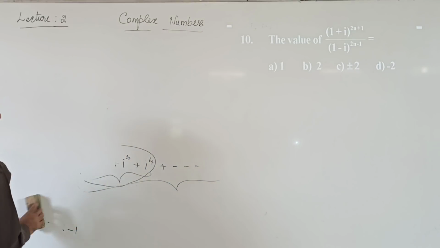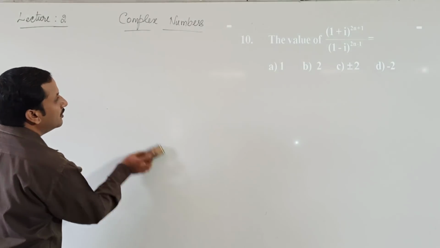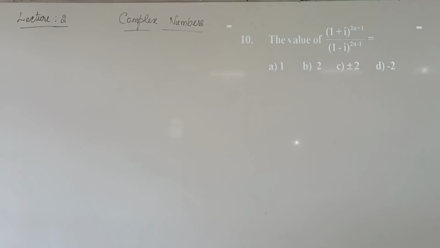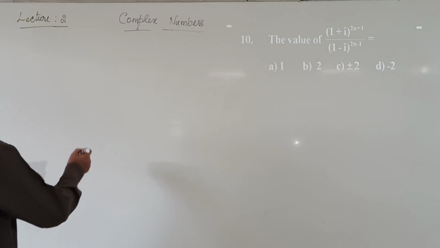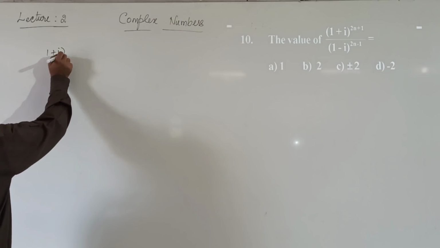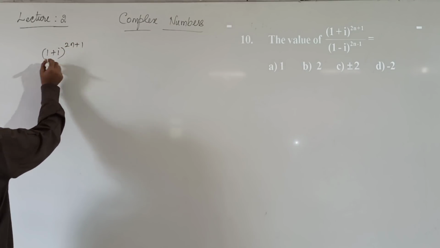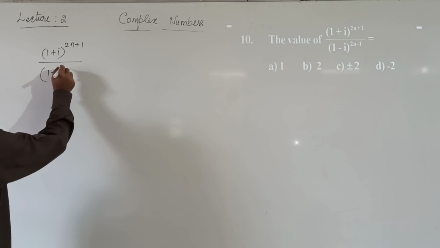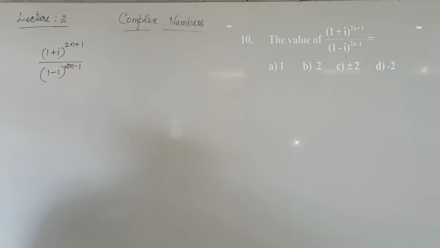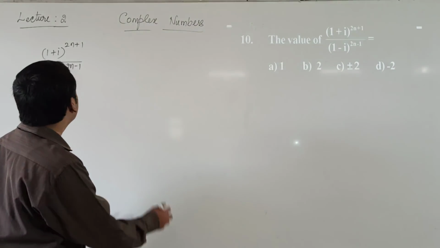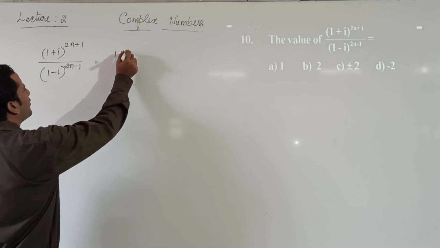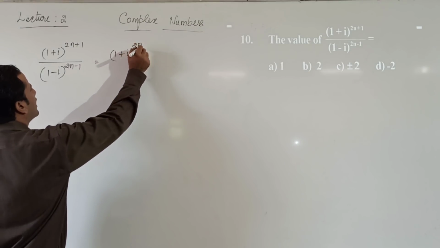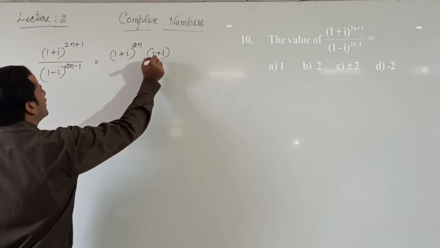Tenth question. The value of (1 plus i) whole power 2n plus 1 divided by (1 plus i) whole power 2n minus 1 divided by (1 minus i) whole power 2n minus 1. Okay? I am writing this as (1 plus i) whole power 2n into (1 plus i).